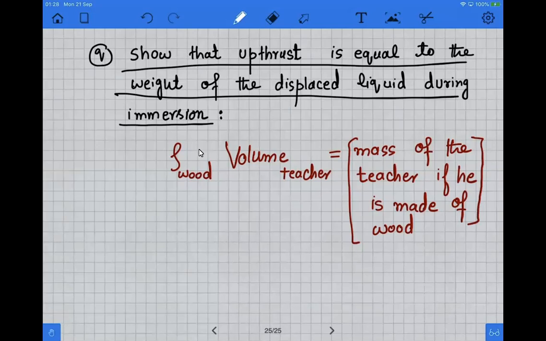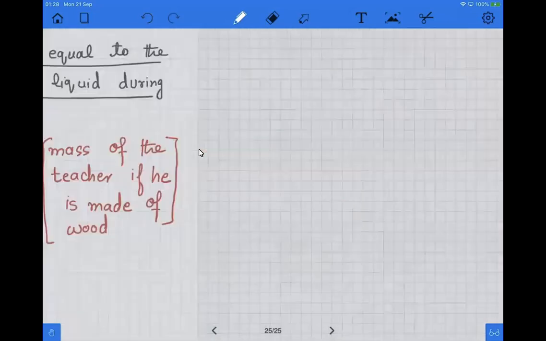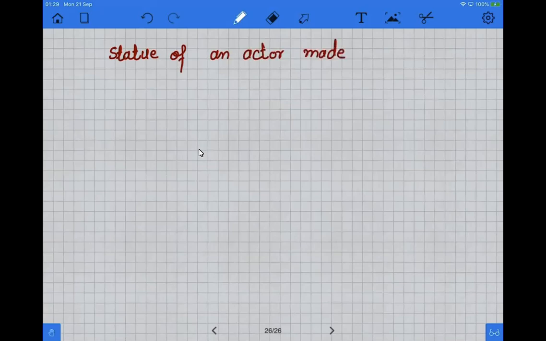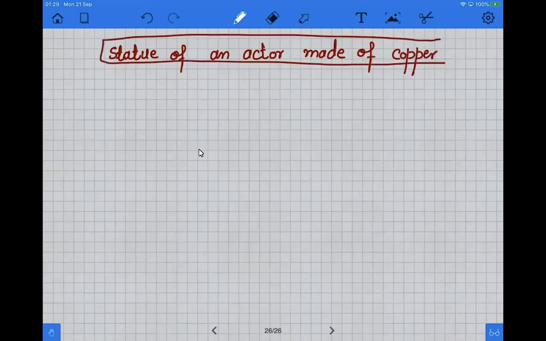If it is made of a different material, then the method is this. Let's take an example: we want to make a statue of some actor made of copper, and we have to make this statue stand on a weaker platform, on a weaker supporting material, which can be broken.